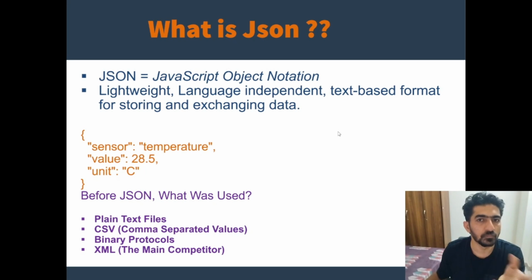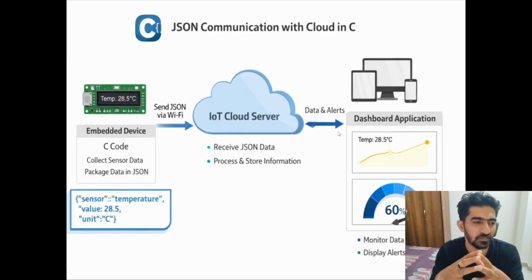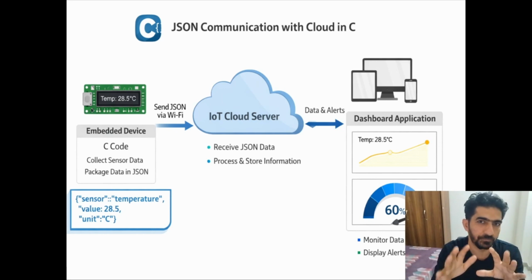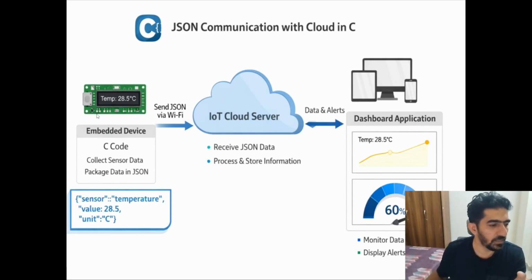Okay, so now this is a simple communication with JSON data. On the left hand side, you have an embedded device that will monitor the temperature, simple as that. C code is written into it, and it will collect the sensor data for temperature and pack it into a JSON format. The JSON format has sensor, temperature, value, and unit, like that.